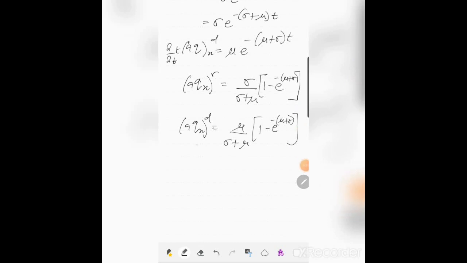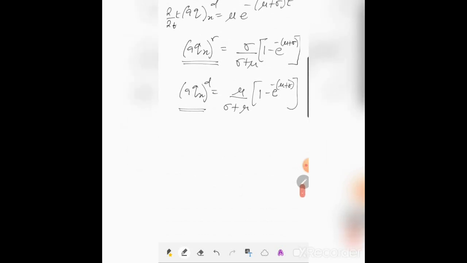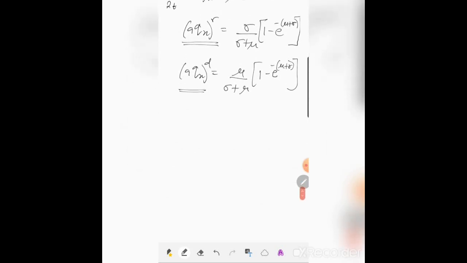So I can use these relations to compute, given a transition matrix, my aqx of R and aqx of D. Both of them I can compute based on the transition intensities through this mechanism.